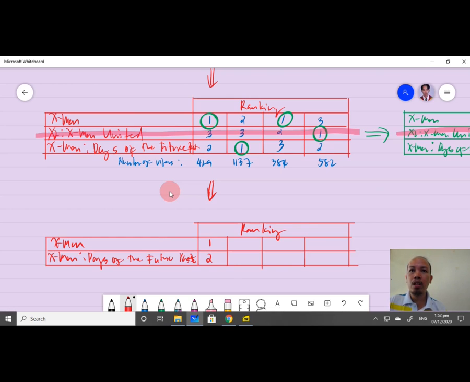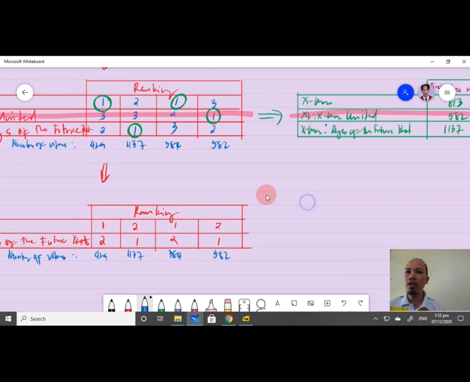Here we have 2 1. This row here is eliminated, so we have 2 1. We have 1 2, 3 becomes 2, so this is 1 2, and in here this becomes 1 and this becomes 2, so we have 2 1. Again, the number of voters becomes 429, 1137, 384, and 582. So make the last table.